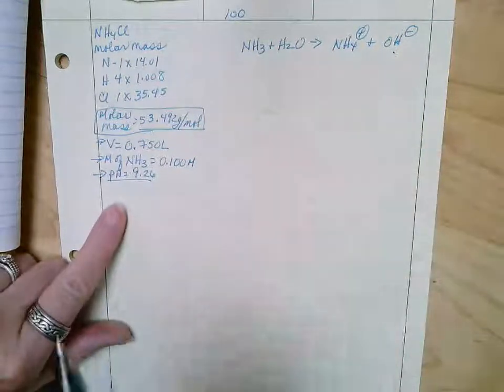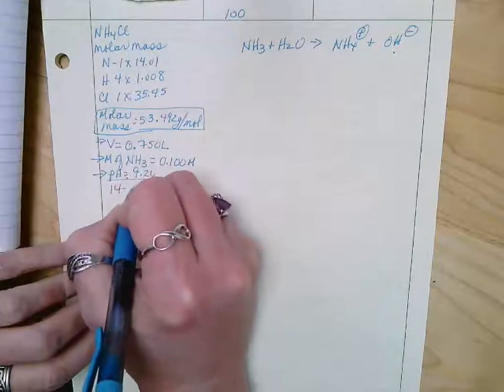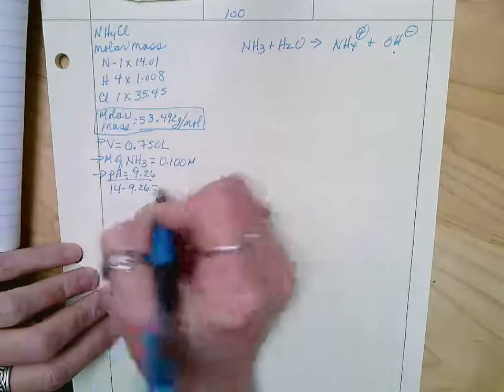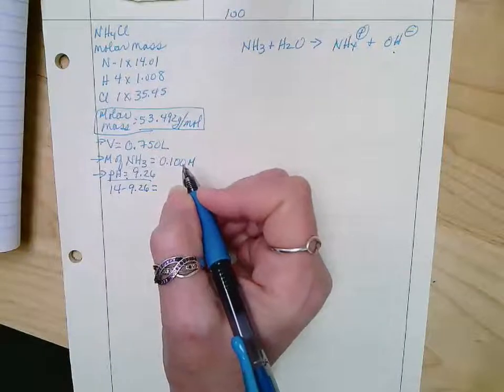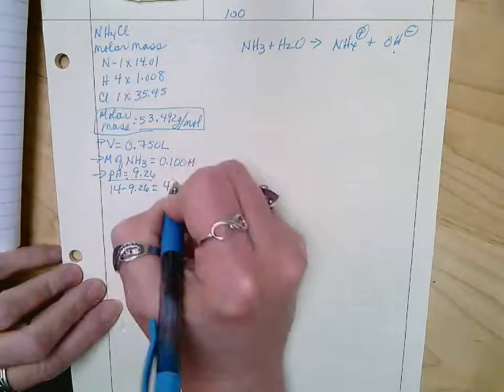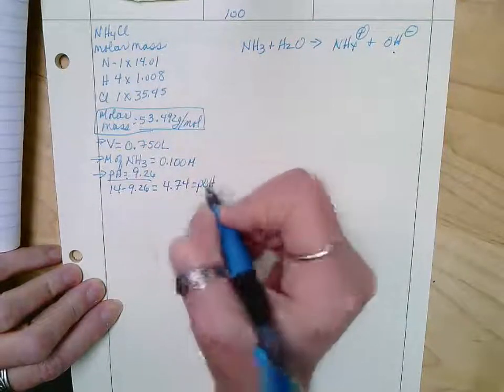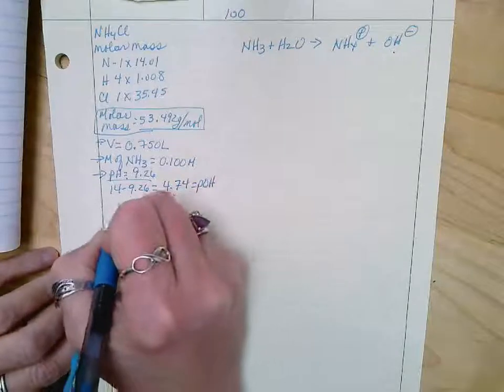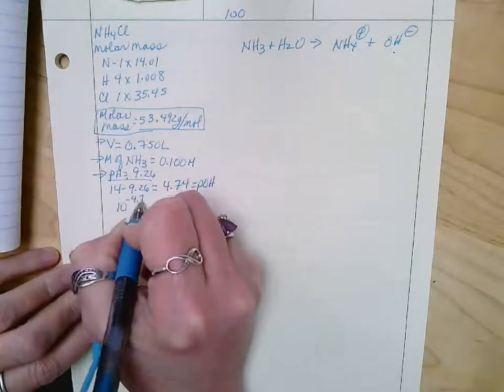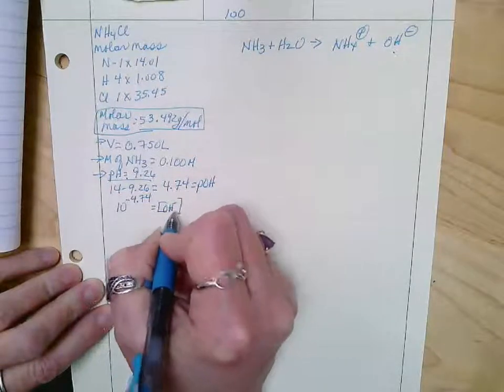So I need to convert the pH to pOH. So 14 minus 9.26 equals 4.74. That is my pOH. And if I take 10 to the negative 4.74, that will give me my hydroxide ion concentration.